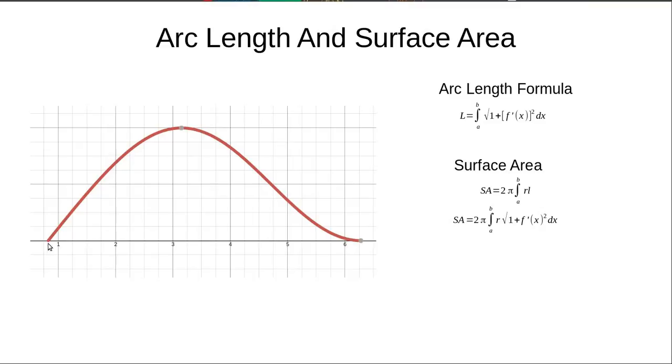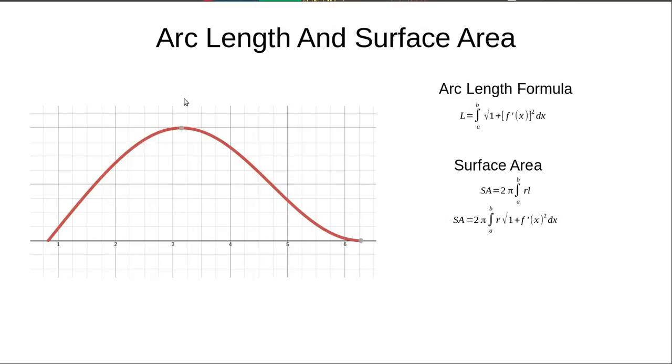Arc length and surface area are the last two things I'll be covering in this video, and are useful for a lot of things. For instance, if you had a path and you wanted to figure out how long it is, and you had a function to describe the path, you could figure out how long you would have to walk along this red line or curve.